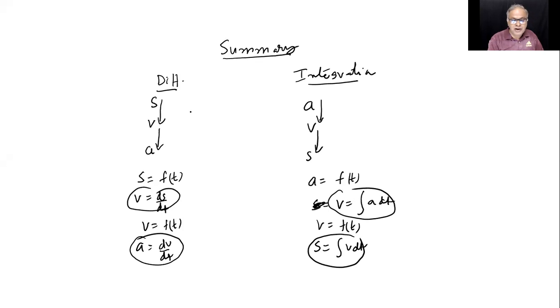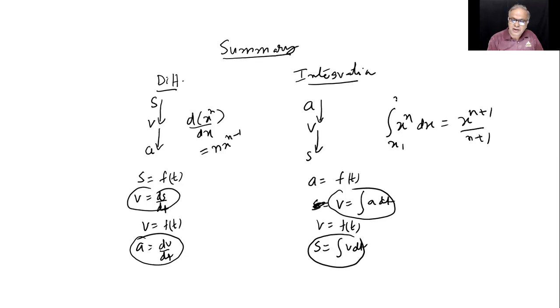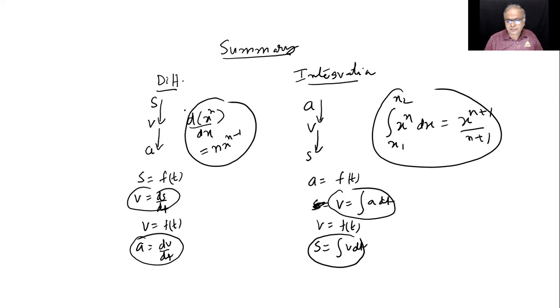The most important formula for differentiation is what? d of x power n by dx equals n into x power n minus 1. The most important formula for integration is integral x power n dx equals what? x power n plus 1 by n plus 1 between x1 and x2. So, formulas and the ideas. That's a summary. So when I apply it, you will see it.